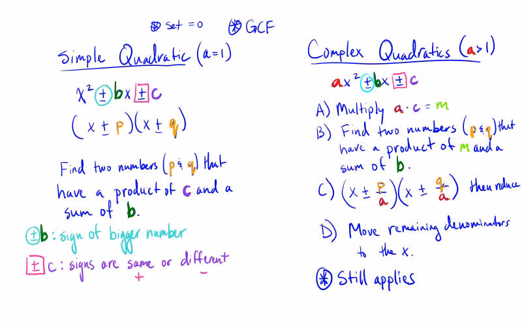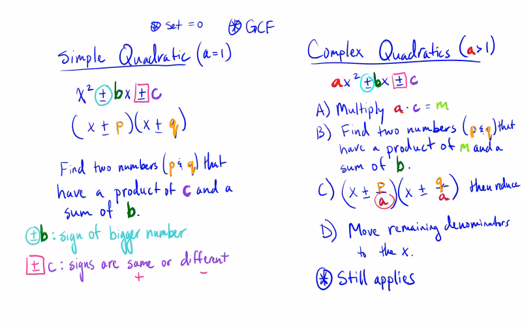Okay, so a product of M and a sum of B, and then we put them in just like we did before with the P and the Q, right? We'll figure out our signs as we go, but we put the P and the Q in there. But the difference is we divide by A, or we put A in the denominator. Remember, A is that first coefficient, the coefficient of the quadratic term, or the x squared.